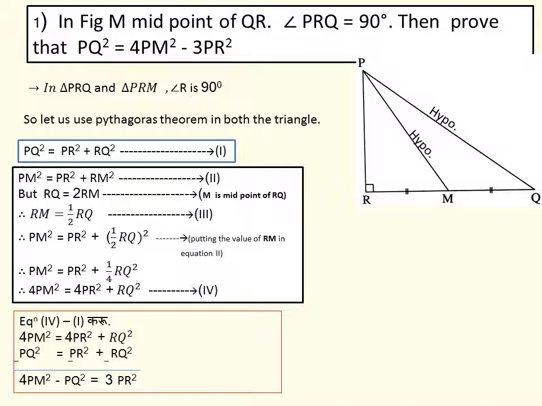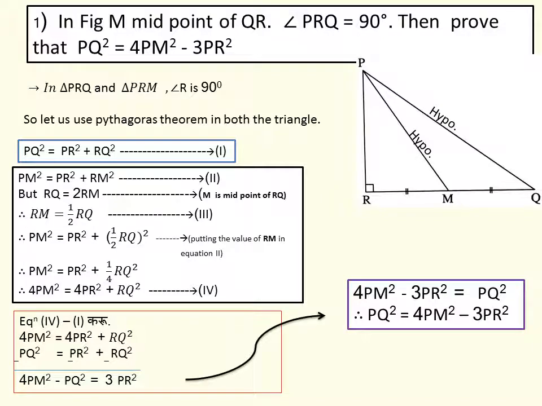So in next step, we get 4 PM square minus 3 PR square equal to PQ square. After exchanging the side, we get PQ square equal to 4 PM square minus 3 PR square.